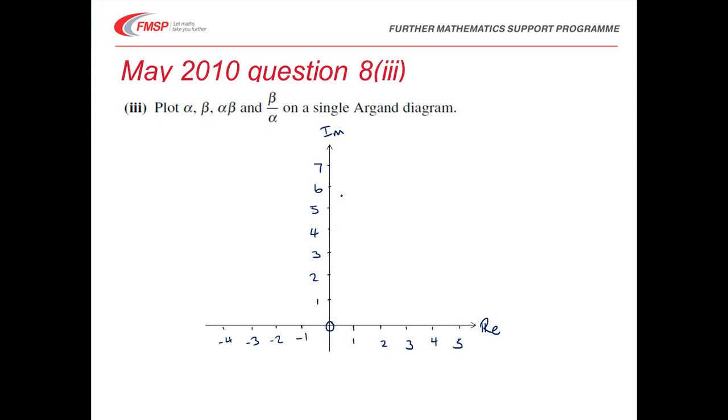Alpha is root 3 plus j, so root 3 plus j is about there. Beta is 3j, which is there.